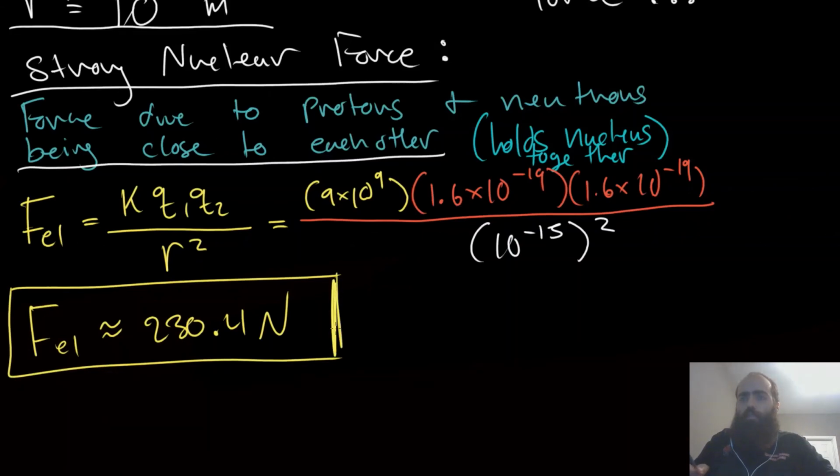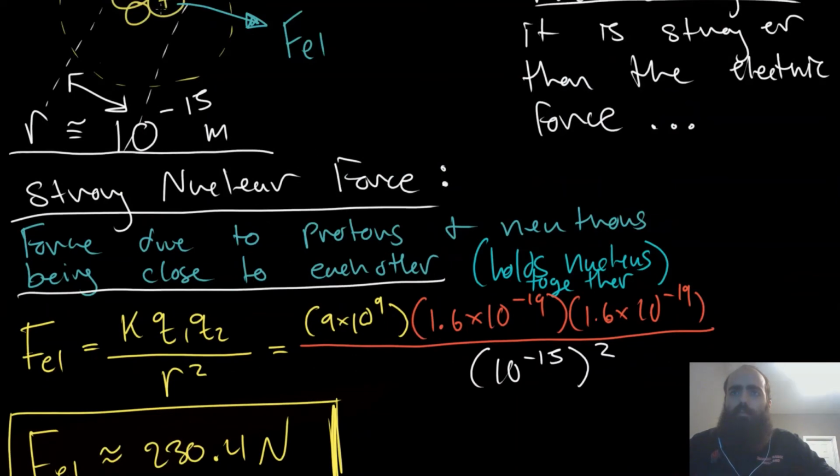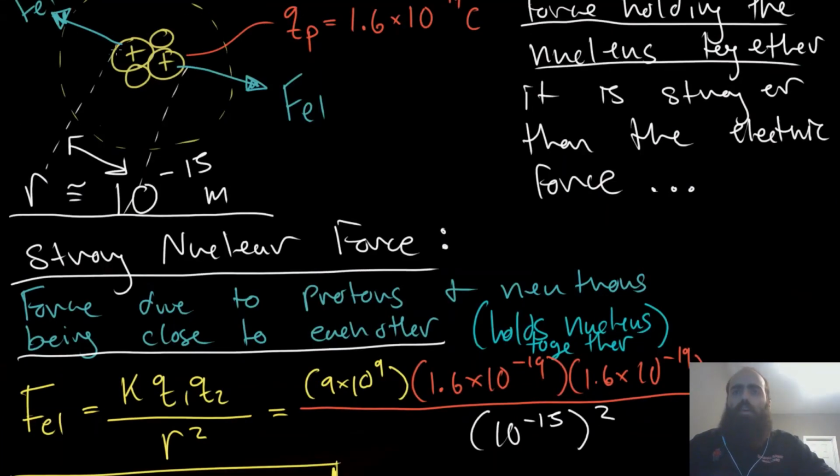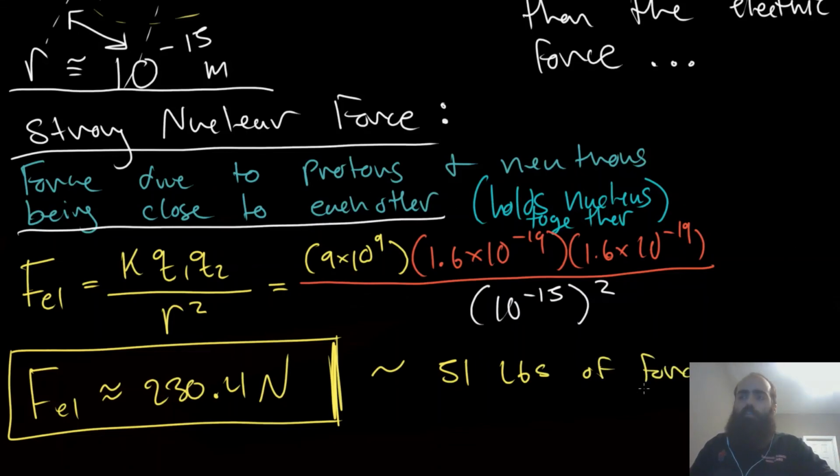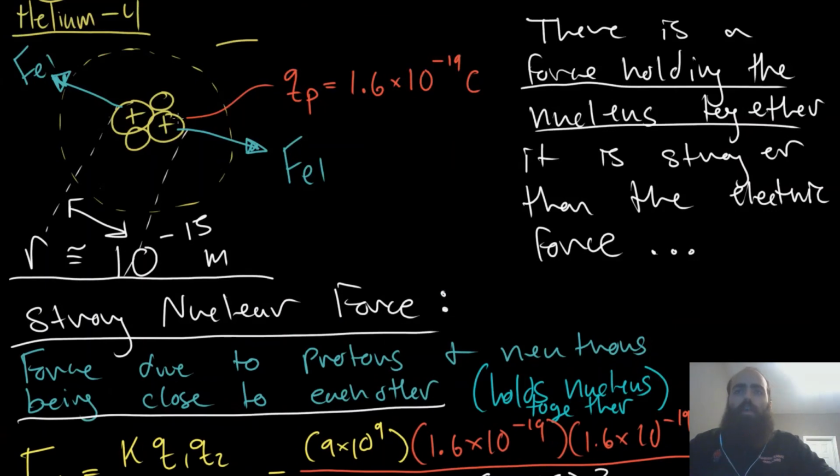So the two protons inside that helium nucleus are repelling each other with about 230 newtons of force, which, in a different frame of reference, is about 51 pounds of force. So a fairly significant amount of force, especially when you consider how small these individual protons actually are.